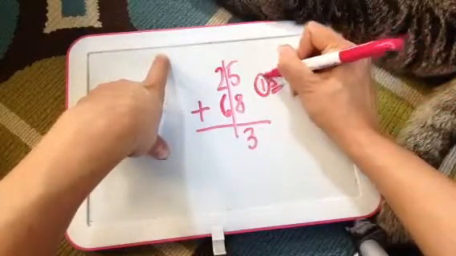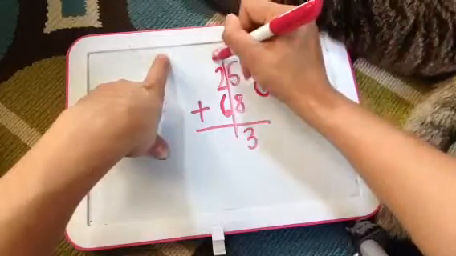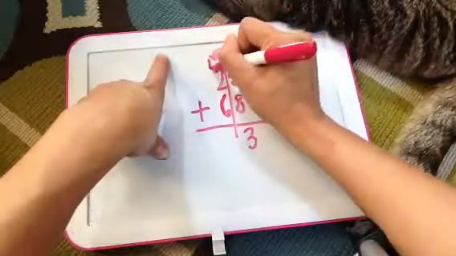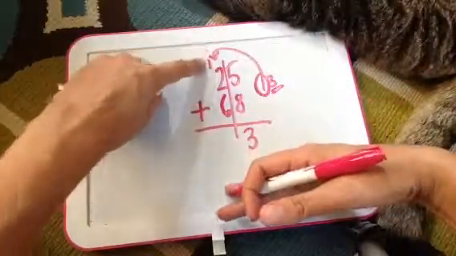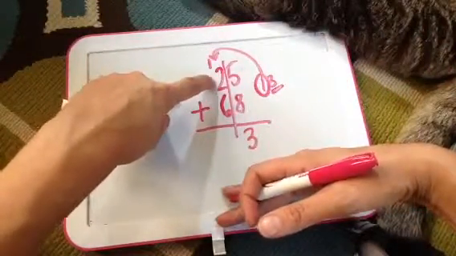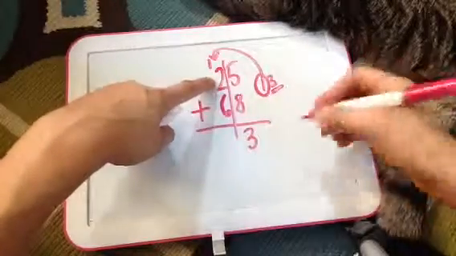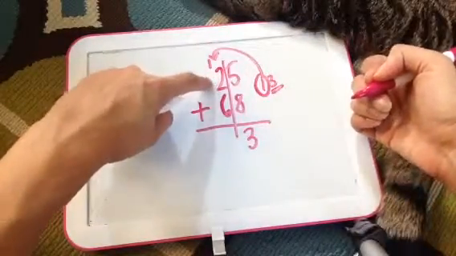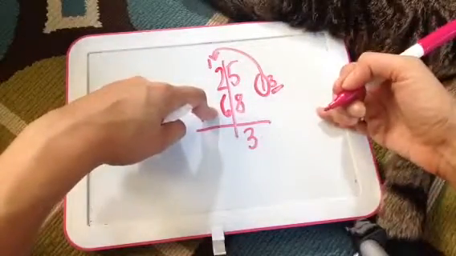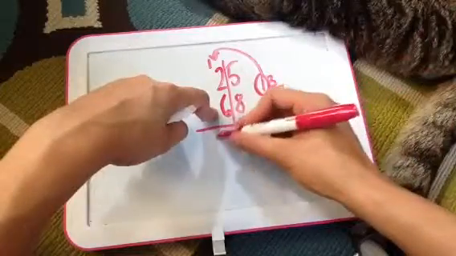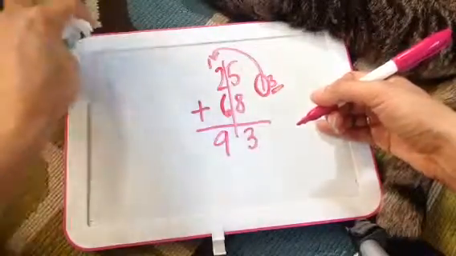Then you're going to take this 1, because this 1 represents a 10, and you're going to carry it over to the tens place. Then you're going to add in the tens column. 1 ten plus 2 tens is 3 tens. Or another way to say 3 tens is 30. 3 tens plus 6 tens, or 30 plus 60, is 90, or 9 tens. Answer is 93.